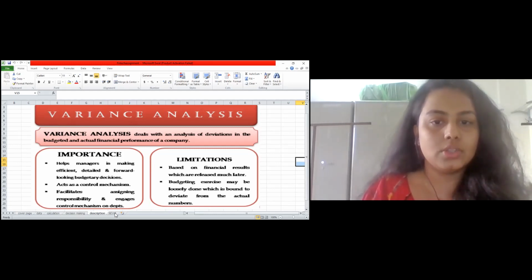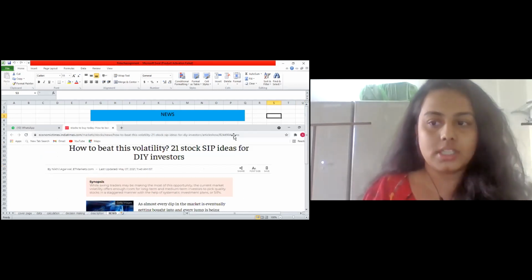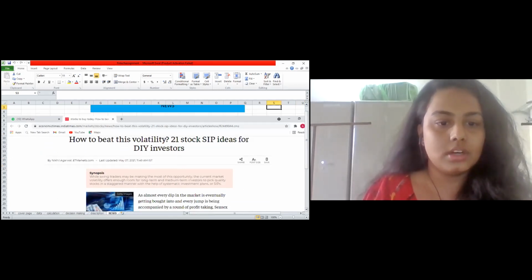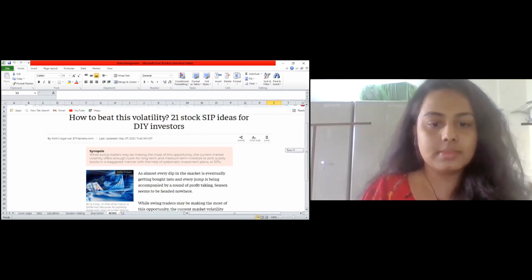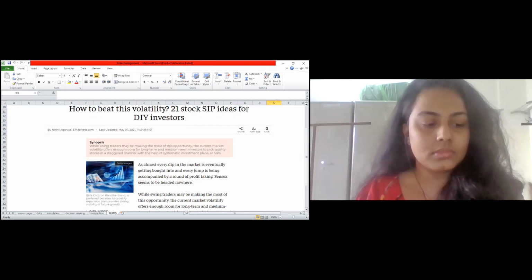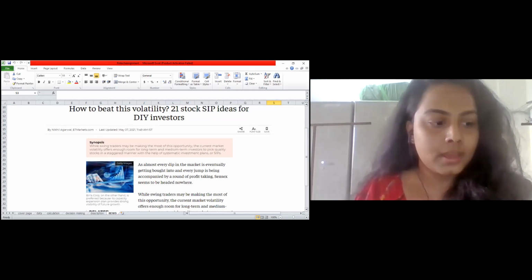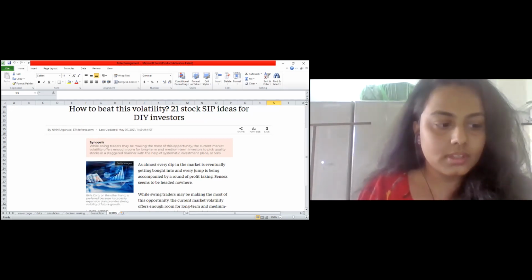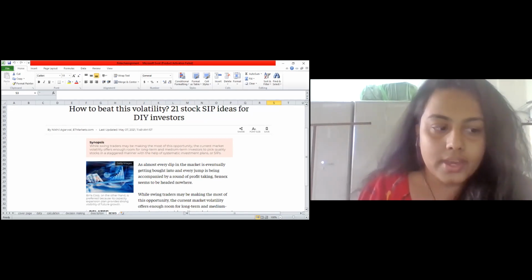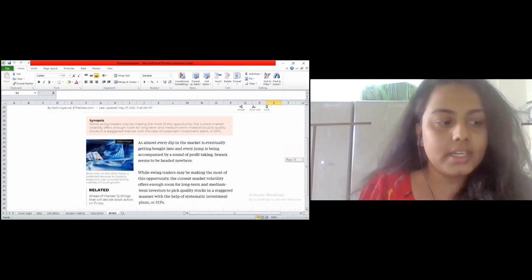So the news which I took is from the Economic Times, and the news was updated on May 7th, 2021, 11 a.m. As per the news, in the current situation, volatility helps to invest in long-term and medium-term investments.